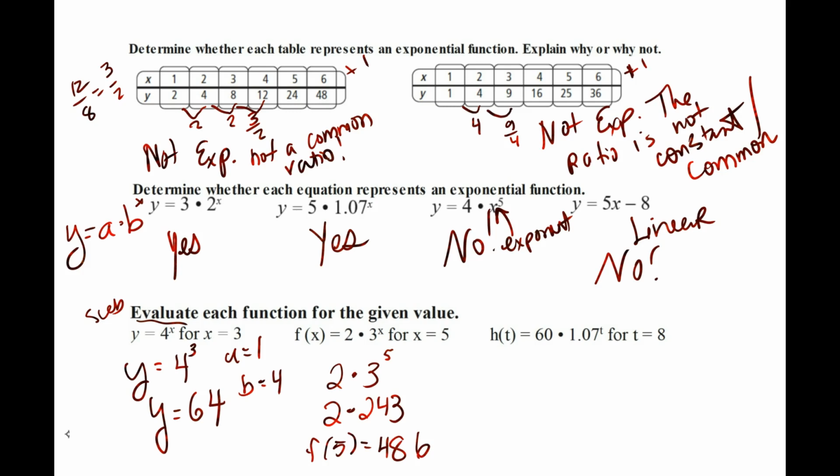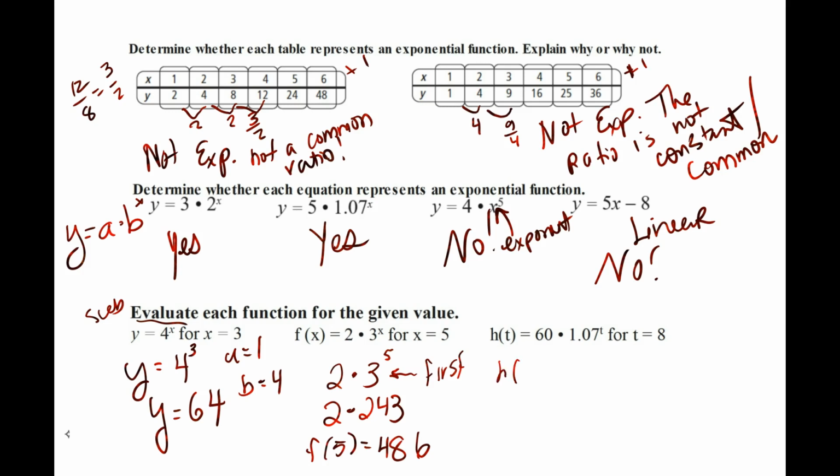Please do the exponent first, because that's what order of operations tells you to do. Please, no one say 2 times 3, which is 6, and do 6 to the 5th power. Please do not do that.